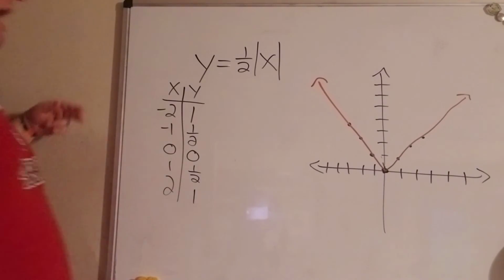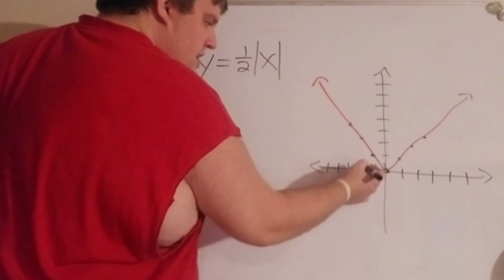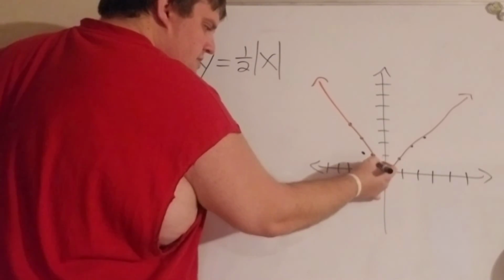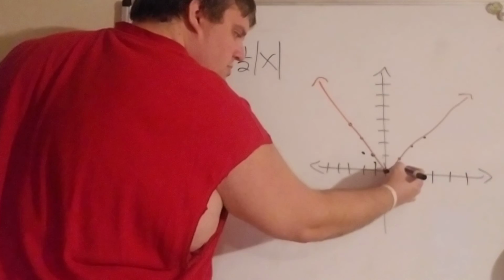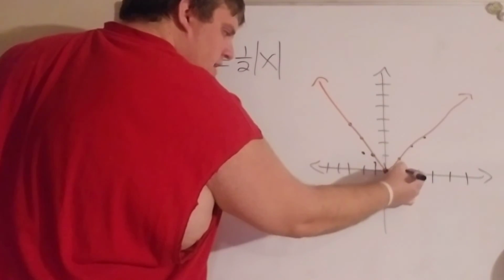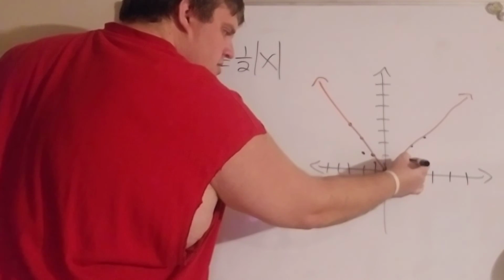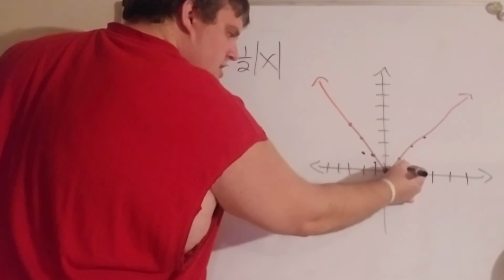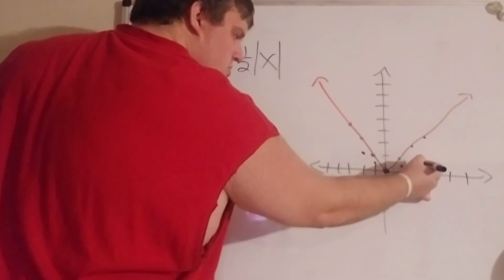So if you look at what happens now when I graph this, -2, 1, -1, 1/2, 0, 0, 1, 1/2, and then 2, 1.